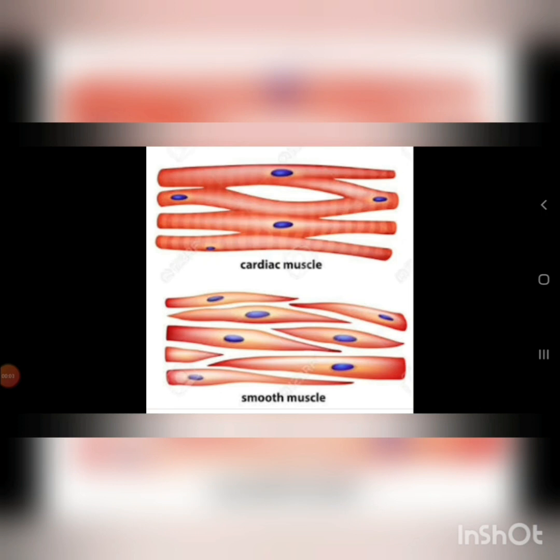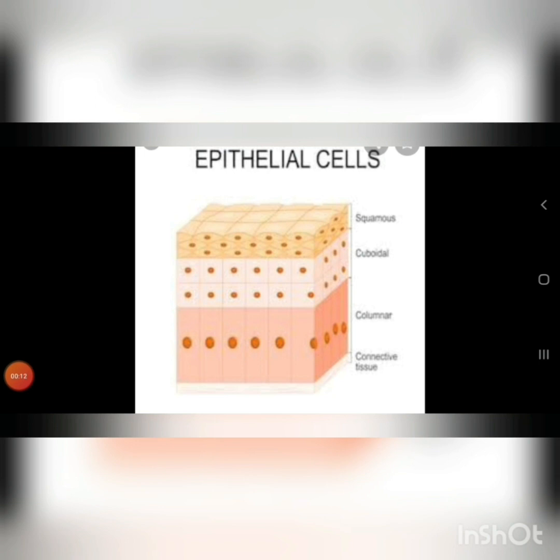Muscle cells last a lifetime but once dead are not replaced. Epithelial cells lining the gut last only about 5 days.